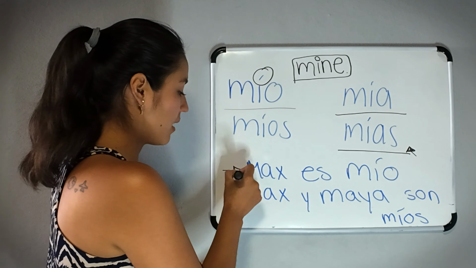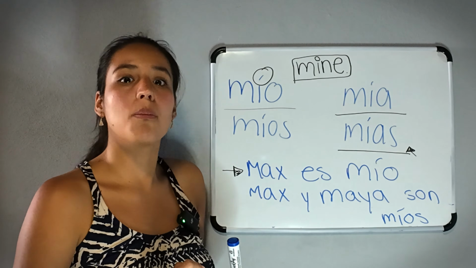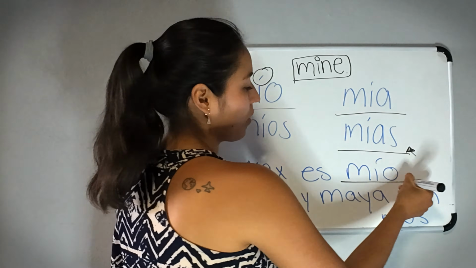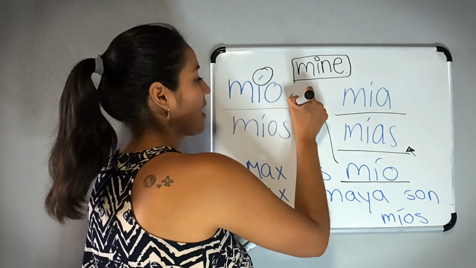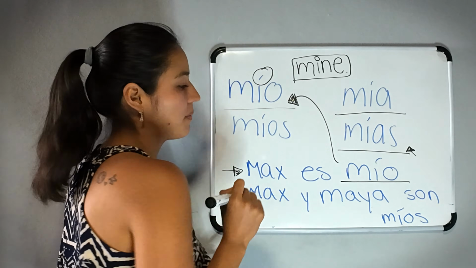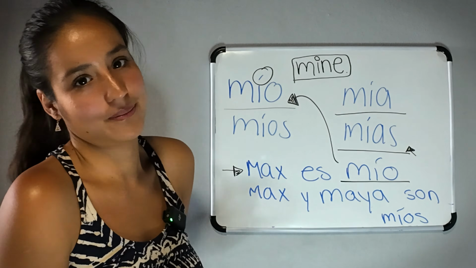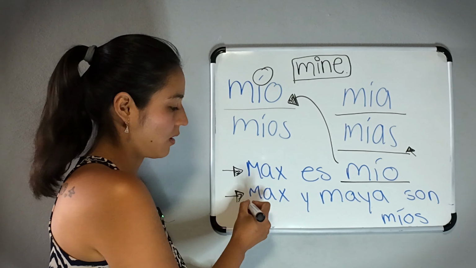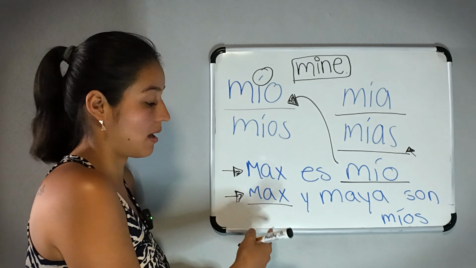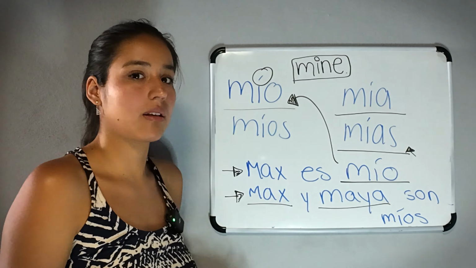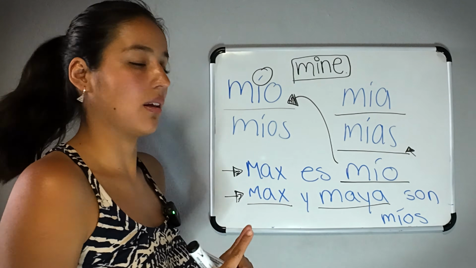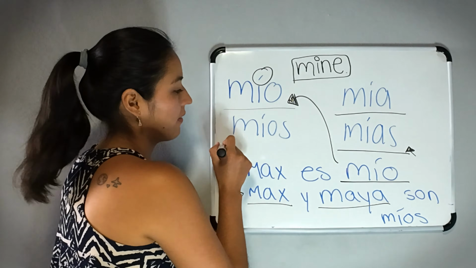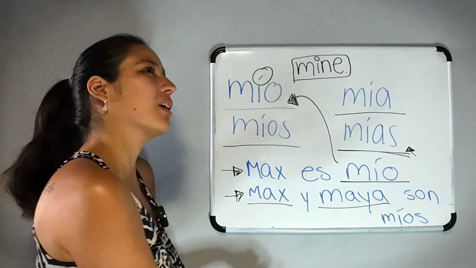So, my example is, Max es mío. So, Max is mine. In here, I use, of course, singular and masculine, because he's a male. It's a male dog. But then, in my second example, I use Max y Maya. Max is a male, but Maya is a cat, and she is a female. So, in here, I have a mix, so I have to use the plurals. So I have in here plural and plural. But which one am I going to use?